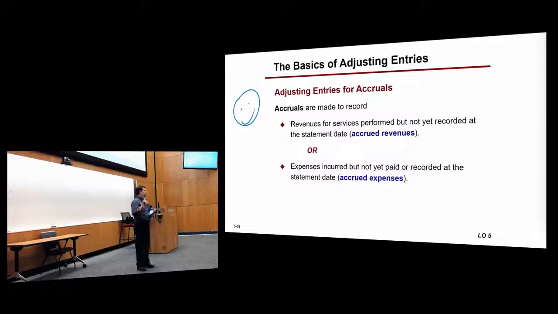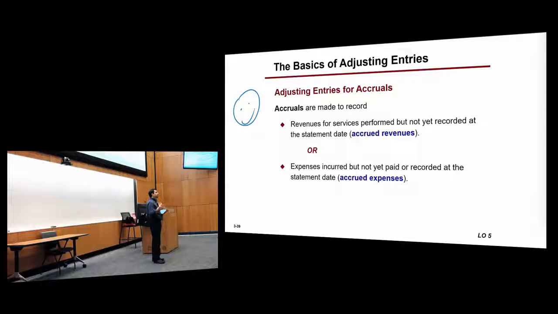However, did I earn that money? So accrued revenues account for the revenues that have accumulated until the day the statements are prepared. For example, if the company prepares the statements on September 30th, how much did I earn until then, regardless of whether I received the cash or not?